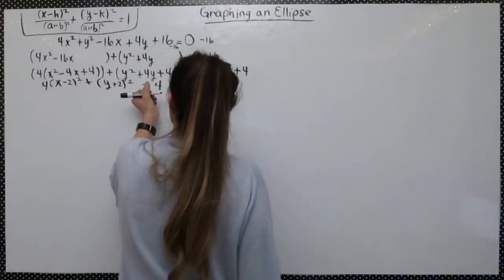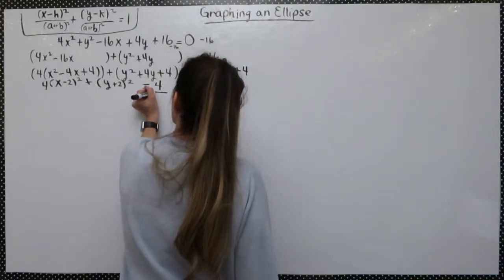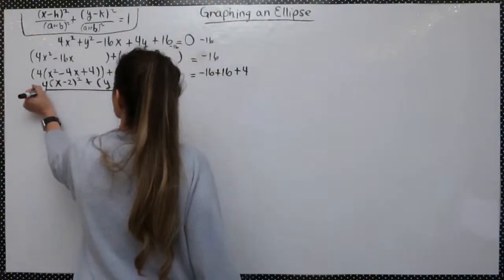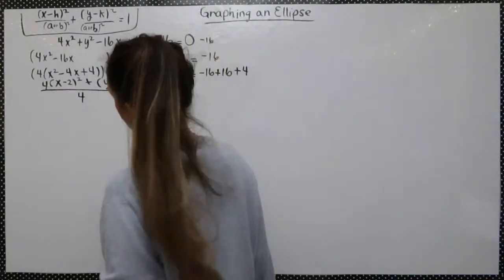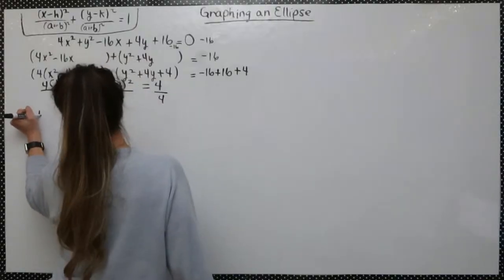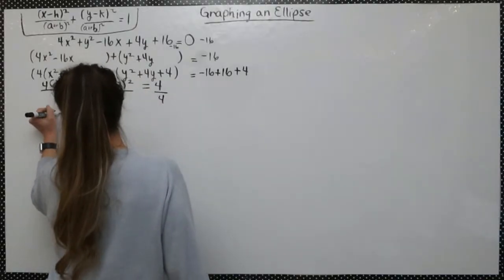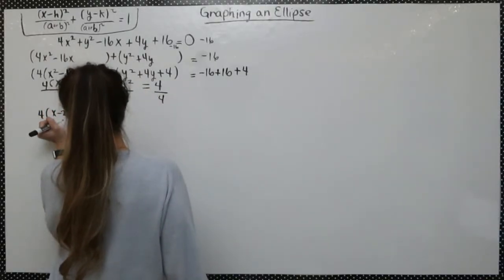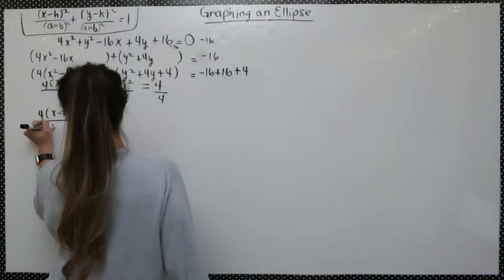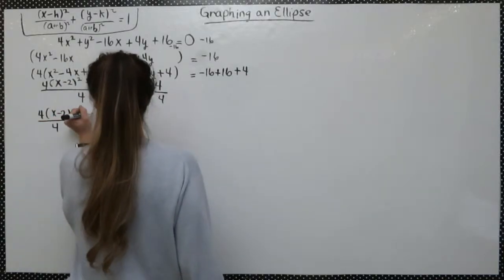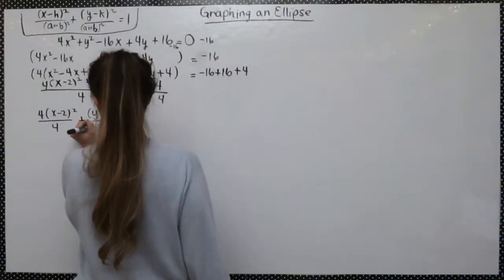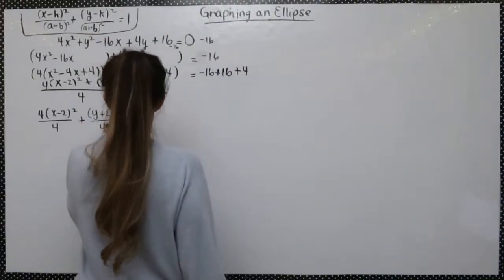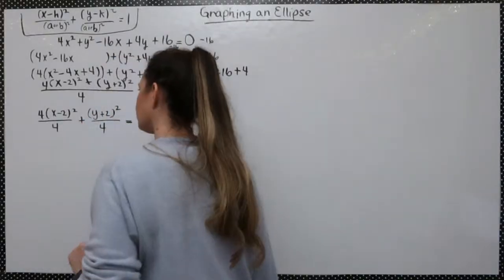So we're going to divide both sides by 4. And in doing that, we're going to end up with 4 times (x minus 2) quantity squared divided by 4 plus (y plus 2) quantity squared divided by 4. And that is going to equal 1.